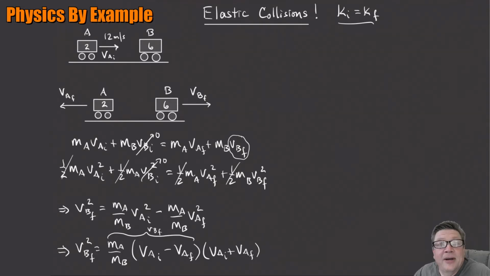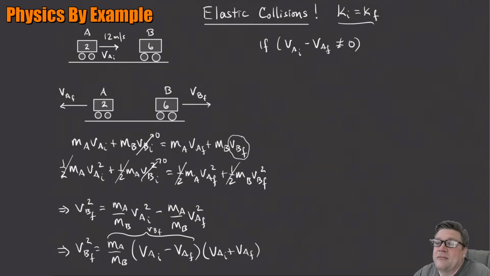So maybe I can divide by it, right? I can sort of take the square root of both sides. And by the way, I can only do that if that thing is not 0. What would it mean if it were 0? It would mean VA initial equals VA final, and that would be really weird, right?